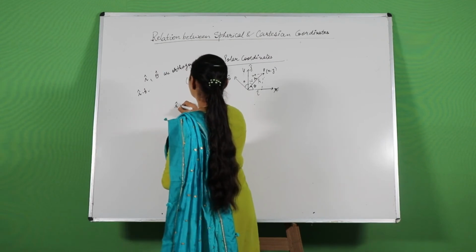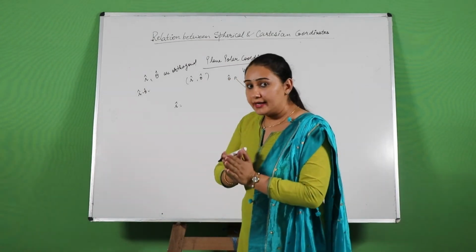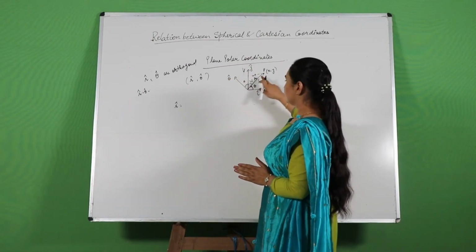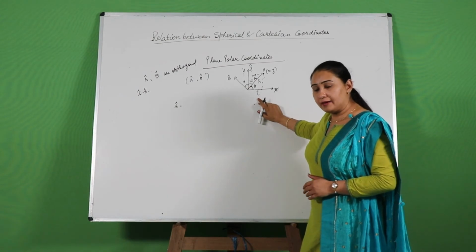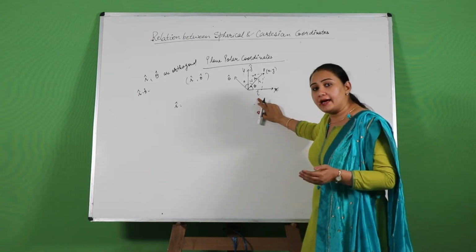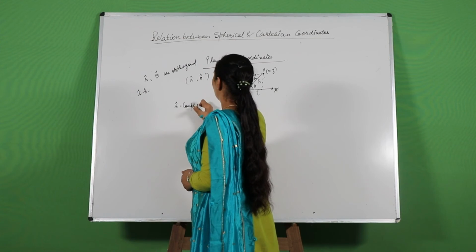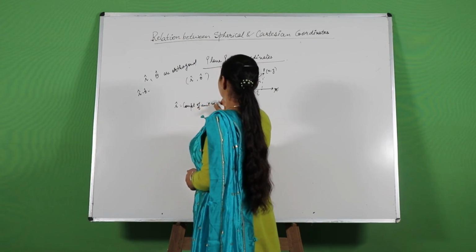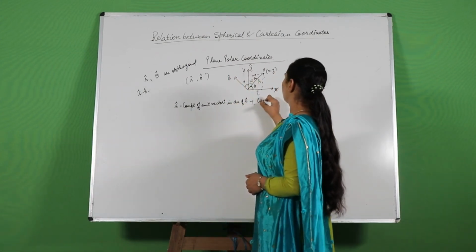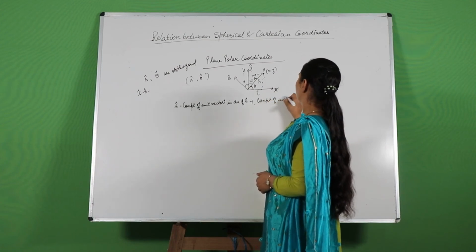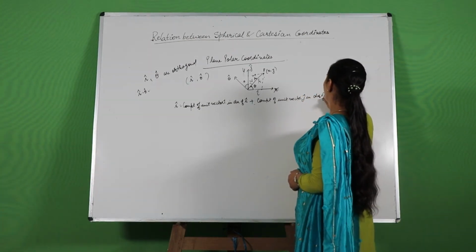Your unit vector r cap will be the component of unit vector i cap in the direction of r cap plus the component of unit vector j cap in the direction of r cap.